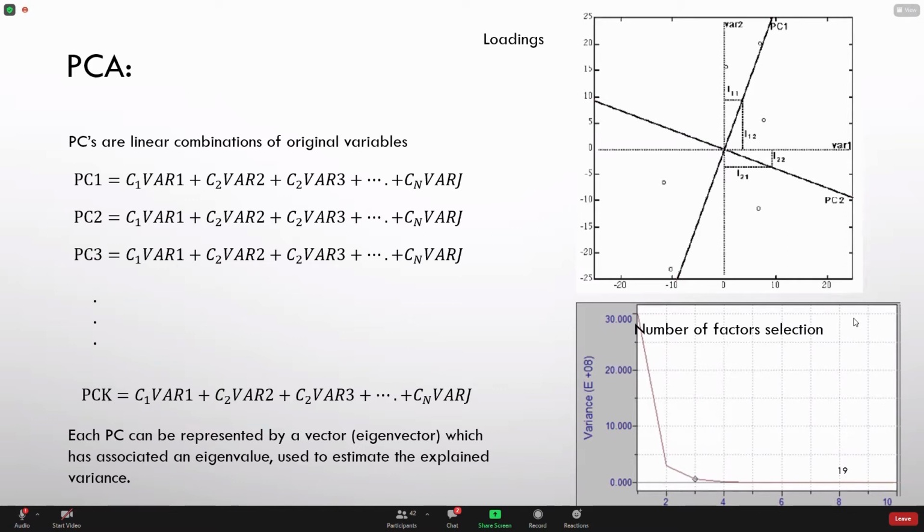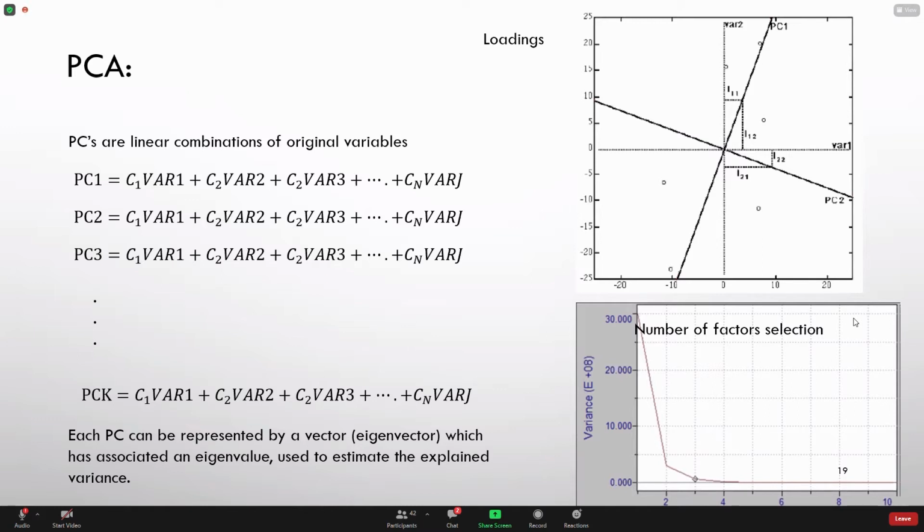And the PCs are represented by a vector called eigenvector, which has an associated eigenvalue used to estimate the explained variance. What is that? It's basically the percentage of information that we recover from our data with the new variables. I mean, if I have J variables, I will have 100% of information in my samples.